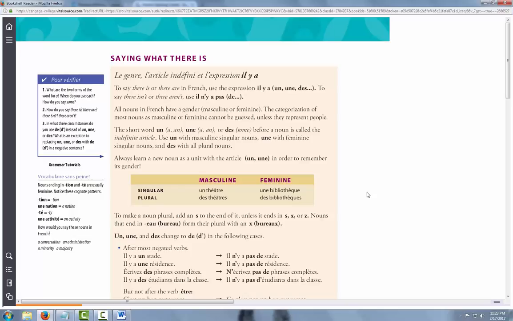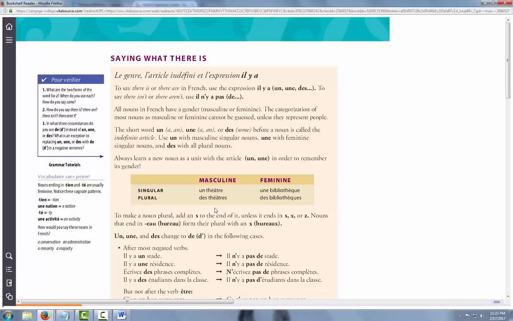Or some students like to color code it to memorize the gender of nouns. You can use the Quizlet app to write flashcards as well, and you will be able to click on the audio icon. It'll pronounce the words for you in French. And I believe you can customize the background color of your flashcards in Quizlet, so that should help you to memorize the gender of nouns.